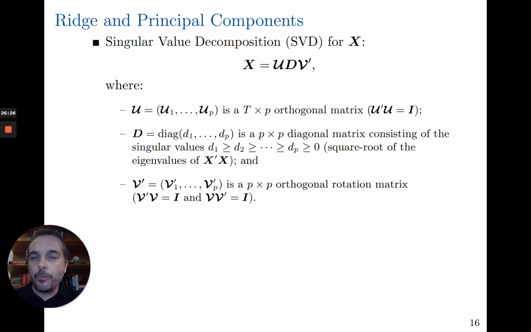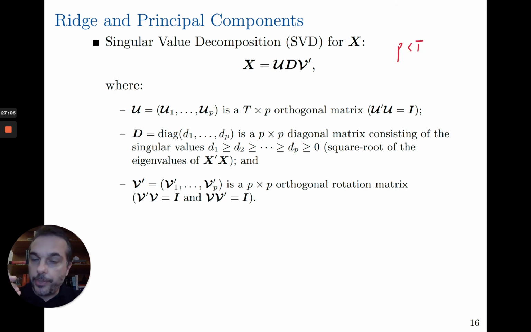D is a P times P diagonal matrix consisting of the singular values, which are the square roots of the eigenvalues of X prime X. And V is V1 to Vp, also a P times P orthogonal rotation matrix such that V prime V equals identity and V V prime also equals identity. All of this assumes that P is less than T.